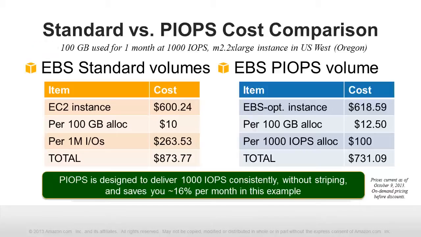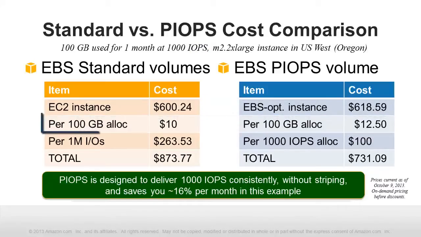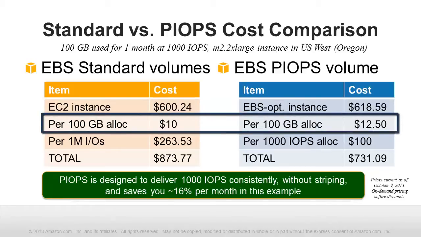Our compute instance will be of type M2 high memory double extra large, and we will locate it in AWS's Oregon region. Because AWS recommends the use of EBS-optimized EC2 instances with PIOPS, the instance charge itself will be slightly higher for PIOPS. The charge for the storage allocation is also somewhat higher for PIOPS than for EBS standard.